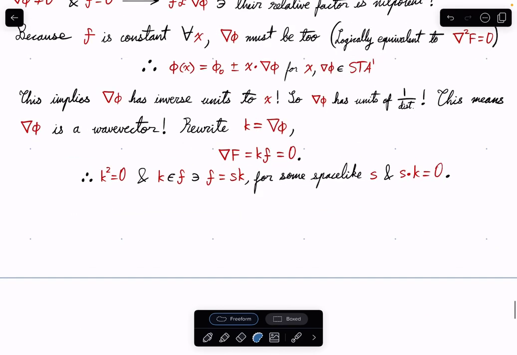So this f is now a factor of, or depends upon, this k.